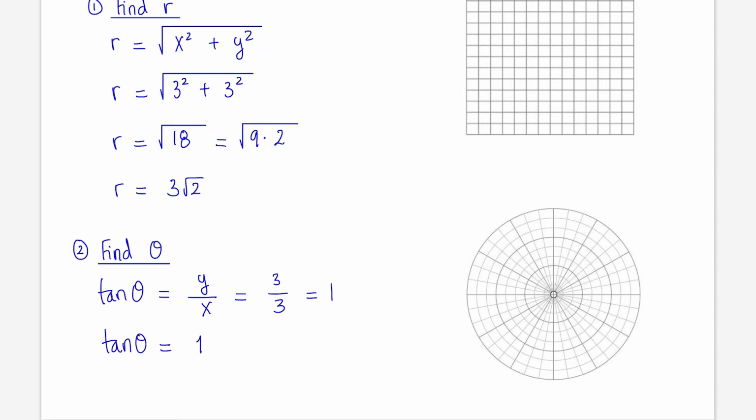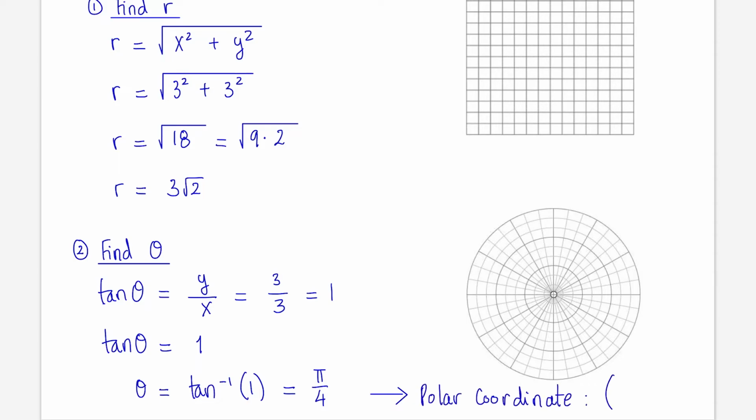What is theta? Theta is tangent inverse of 1, which is pi over 4. So my polar coordinate is 3 root 2, comma, pi over 4.